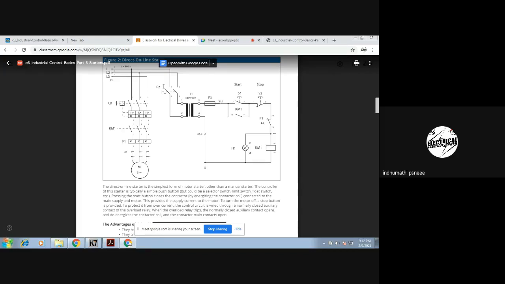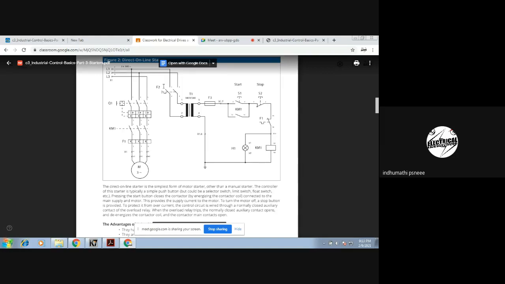We use this starter in many motors because it is the simplest form. There are push buttons: one button is stop and the other button is start. The controller of the starter is typically a simple push button, but it could be a selector switch, limit switch, float switch, etc. So not only a push button, it could also be a selector switch, limit switch, or float switch.